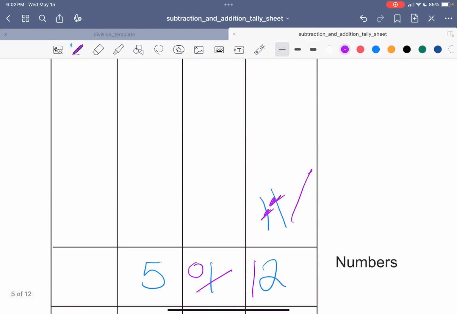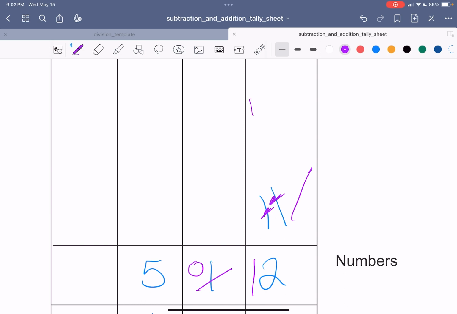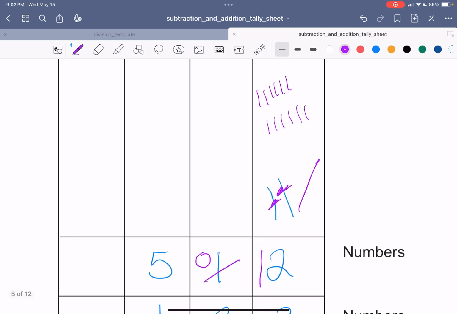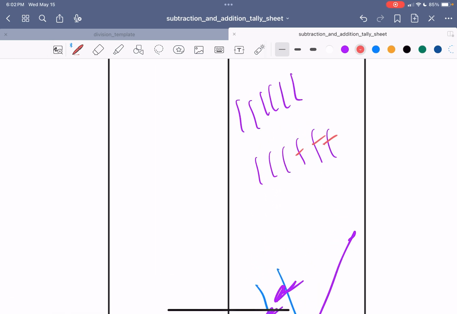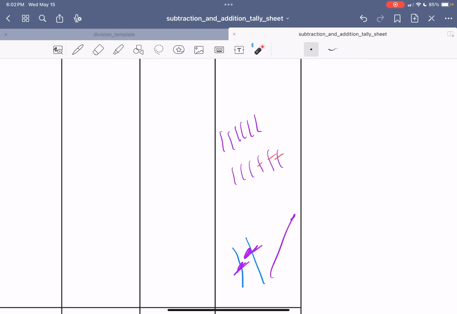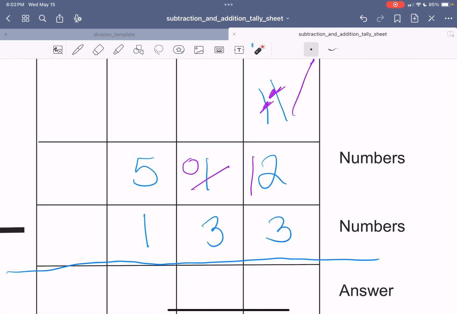I can also put the tally marks in here. 1, 2, 3, 4, 5, 6, 7, 8, 9, 10, 11, 12. 12 minus 3. Take away 3. 1, 2, 3. Let's see how much I'm left with. 1, 2, 3, 4, 5, 6, 7, 8, 9. So 12 take away 3 is 9.